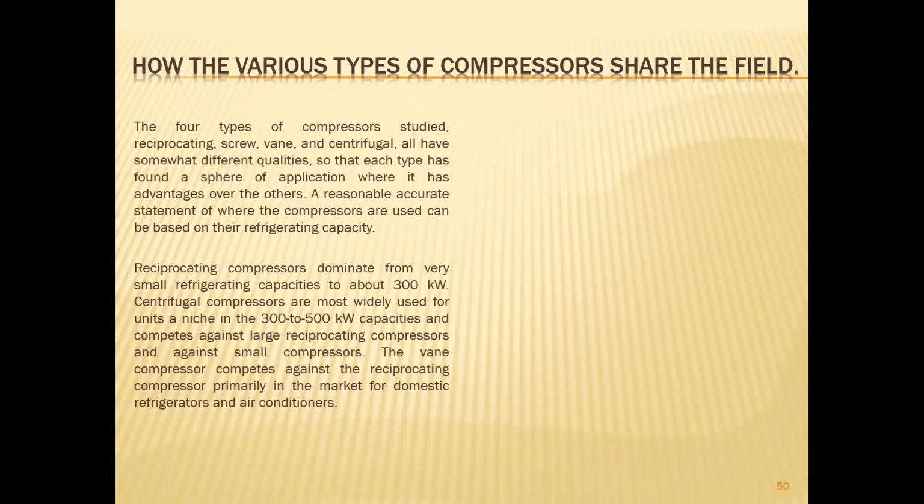Reciprocating compressors dominate from very small refrigerating capacities to about 300 kilowatts. Centrifugal compressors are most widely used for units in 300 to 500 kilowatt capacities and compete against large reciprocating compressors and against screw compressors. The vane compressor competes against the reciprocating compressor primarily in the market for domestic refrigerators and air conditioners.